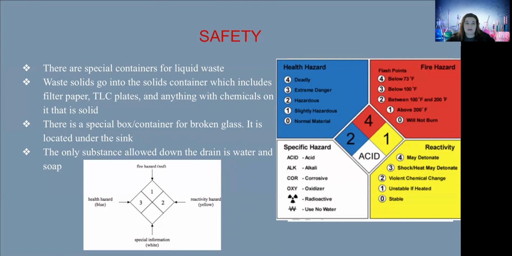Okay, all the sinks have brown boxes, or at least the majority of them do in each lab, and you just put all glassware in those boxes, okay? If you put the glassware in solid waste or in a regular garbage, you risk one of the people in the lab getting hurt when they take those garbages out, okay? So make sure your glass is always going in that brown box under the sink. Okay, and like I said already, the only substance allowed down the drain is water and soap.